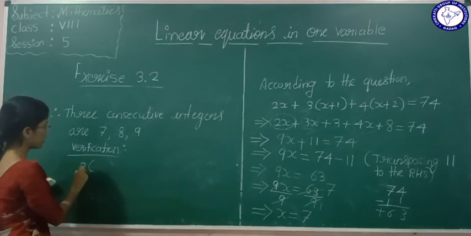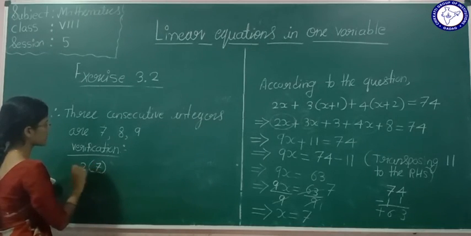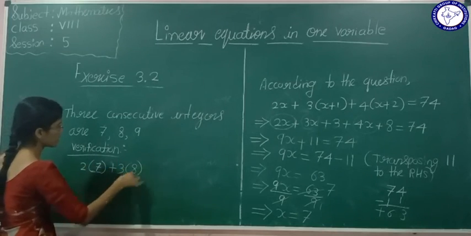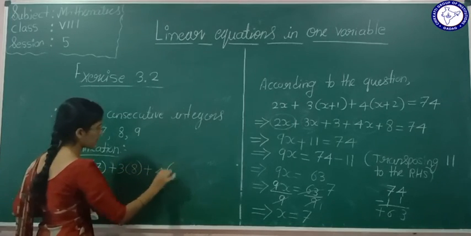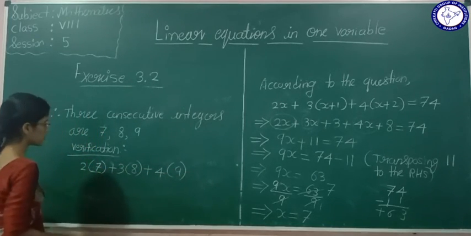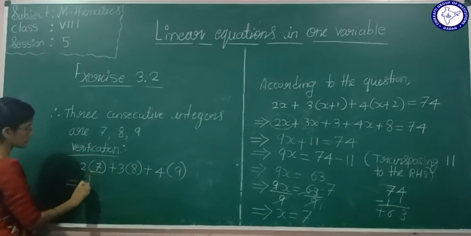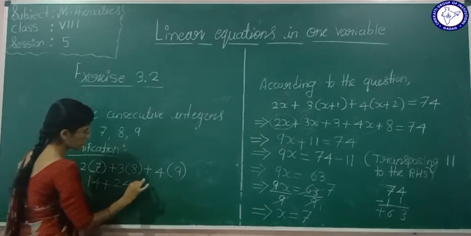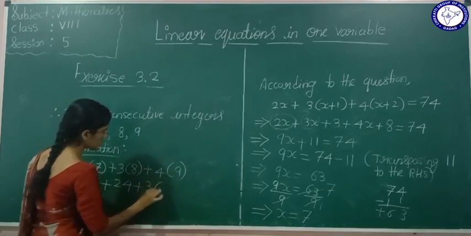We will check that. 2 multiplied by 7, the first integer. The next is 3 multiplied by 8 plus 4 multiplied by 9. So do this simplification. 2 7s are 14, 3 8s are 24, 4 9s are 36.